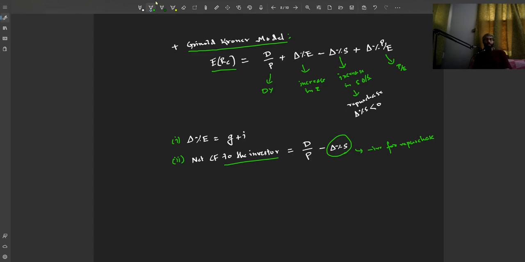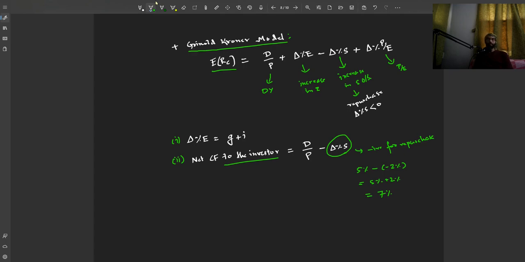Let's say the dividend yield is 5% and there is a repurchase of 2% of shares. So the net cash flow is 5% minus of minus 2%. This is equal to 5% plus 2%, equal to 7%. So the cash flow to the investor is more when there is a repurchase happening. Right? This is the second part.